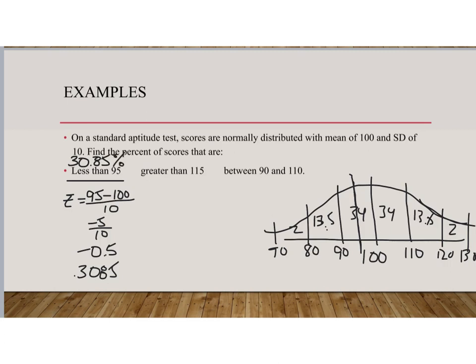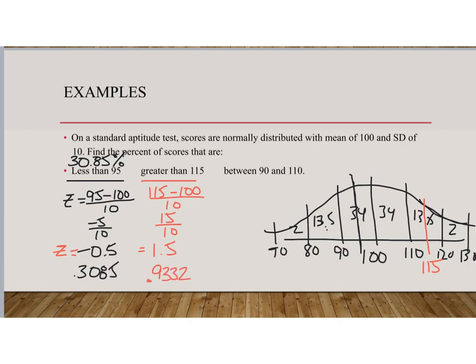Okay, greater than 115. So 115 I know is going to be about right here. Converting that, it'd be 115 minus the mean, which is 100, divided by 10. That's 15 divided by 10, which is 1.5. That's the Z score. So I look up 1.5 on the chart, go down to 1, over to 0.5, and that's 0.9332.